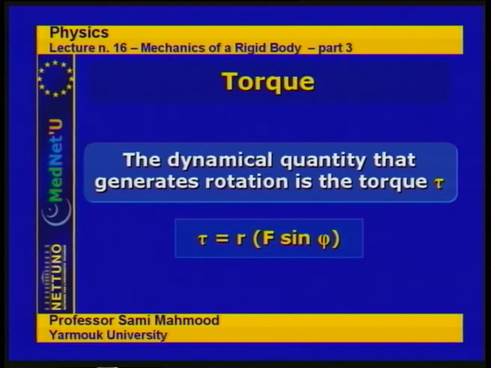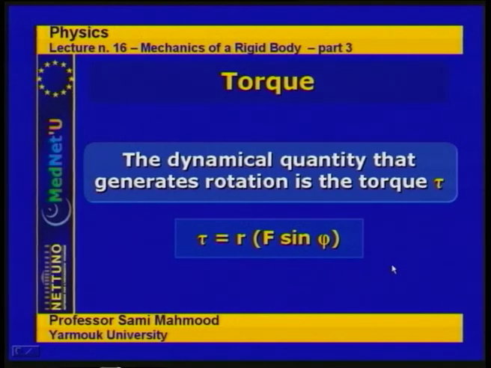If we extend it, this is the perpendicular distance between the axis of rotation and the line of action of the force, and the component of the force which is perpendicular to this distance, F times sine theta. This is the value of this dynamical quantity, the so-called torque, which generates the rotation of the object.